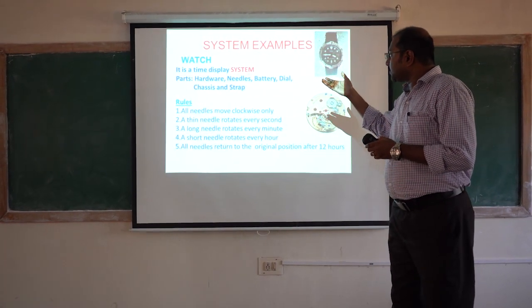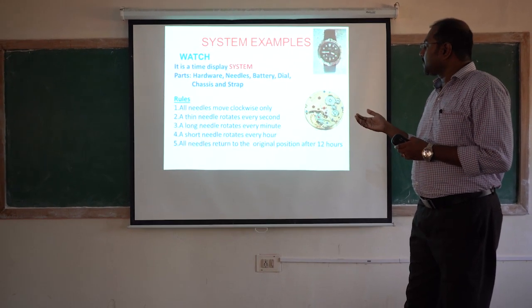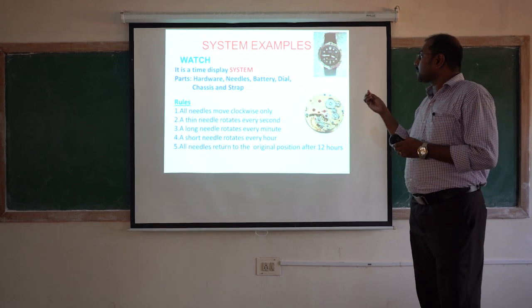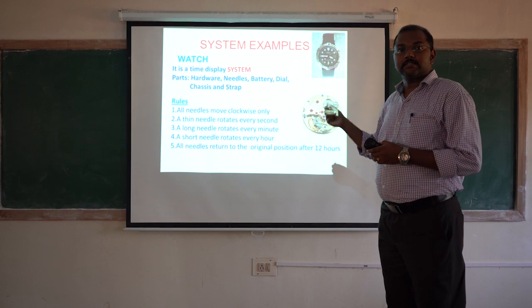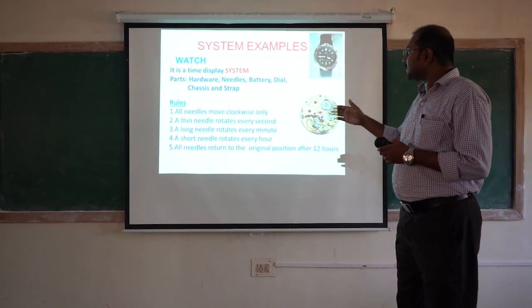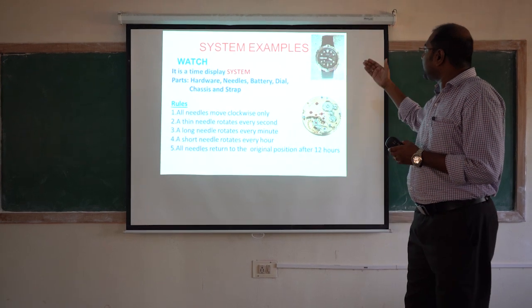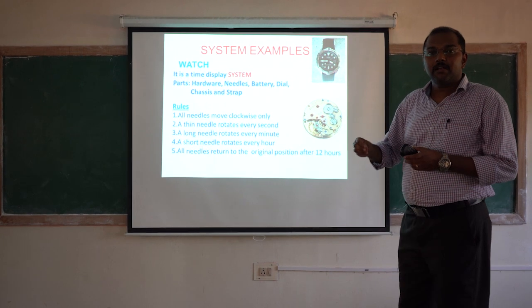There are some set of rules and regulations. The rules are that all needles move clockwise only, a thin needle rotates every second, and a long needle rotates every minute. So these are some set of rules that this system abides by. That is one example of a common system.